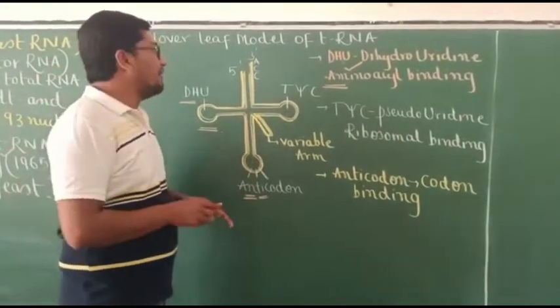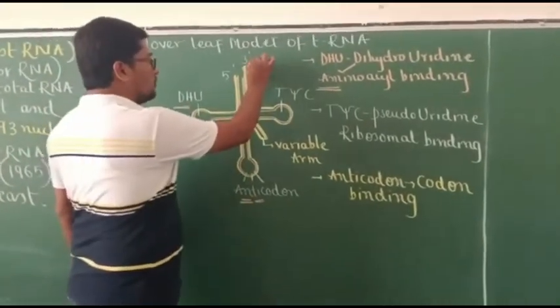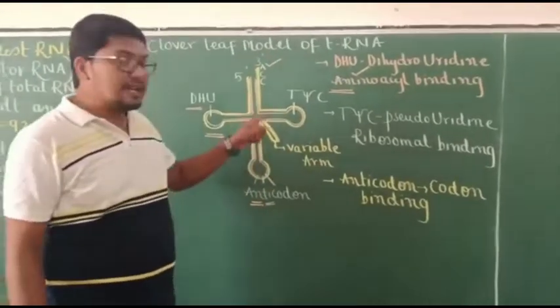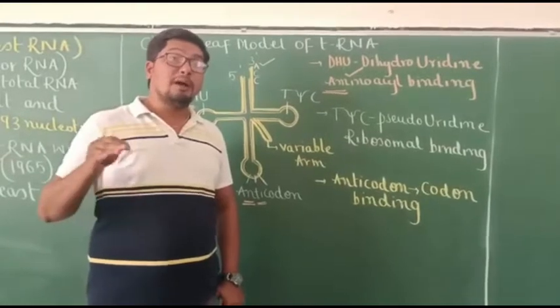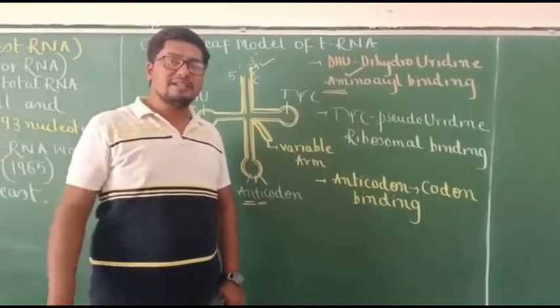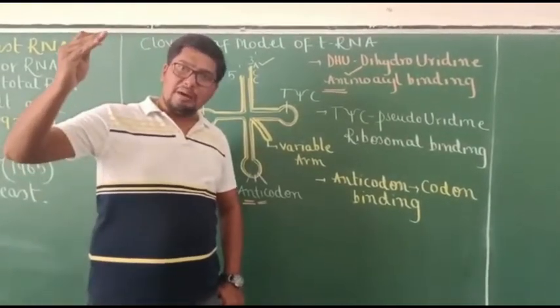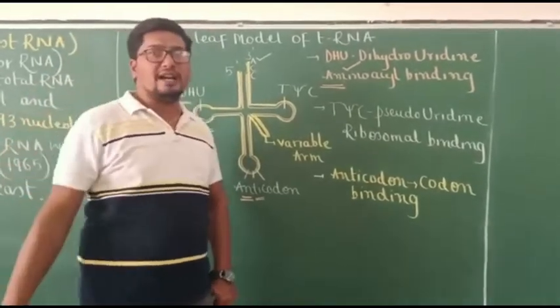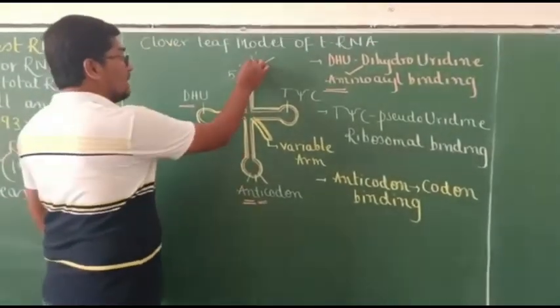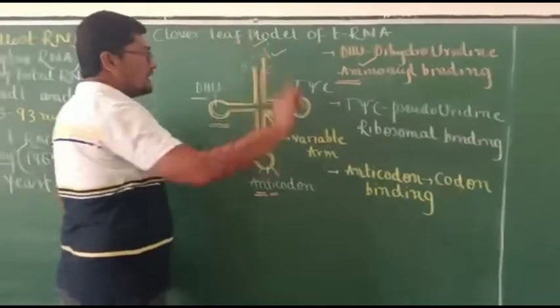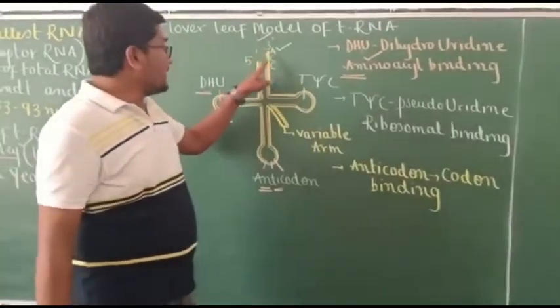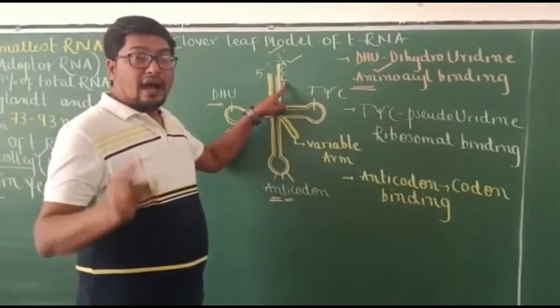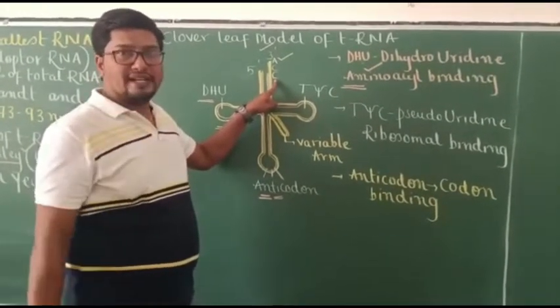And finally we have to understand one more point. In tRNA, T is for what I said? Transfer. What does it transfer? Amino acid. So now let us understand where exactly the amino acid binds to tRNA. Amino acid always binds to the 3' end of the tRNA, because at the 3' end of the tRNA, three unpaired nucleotides are present.